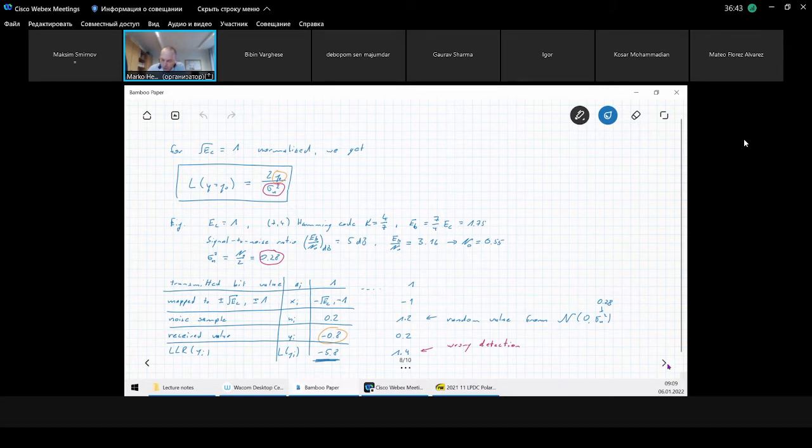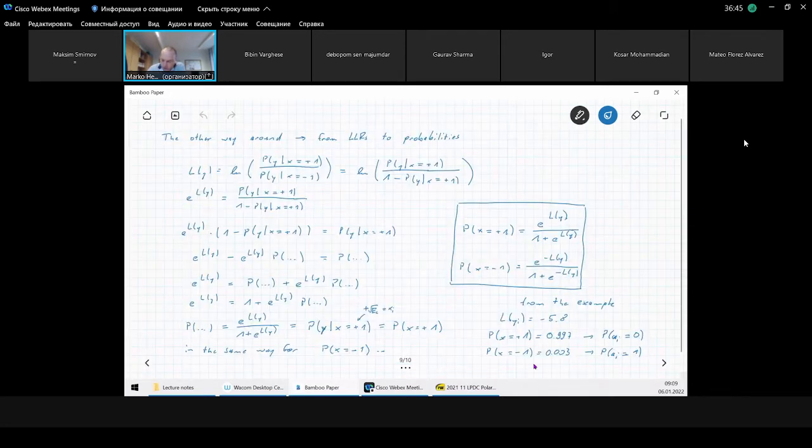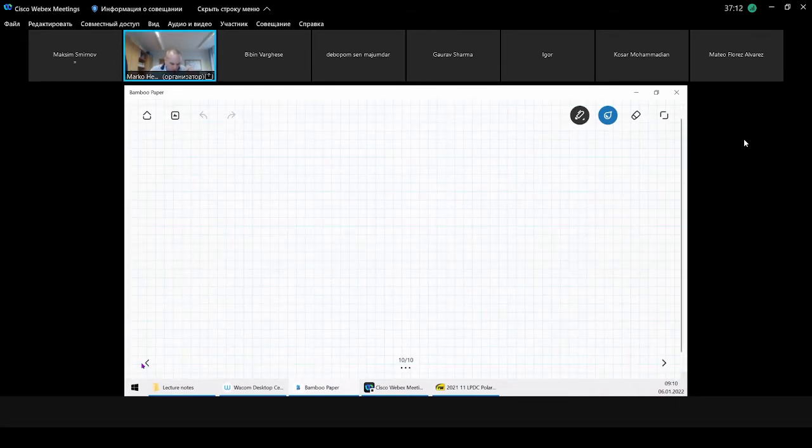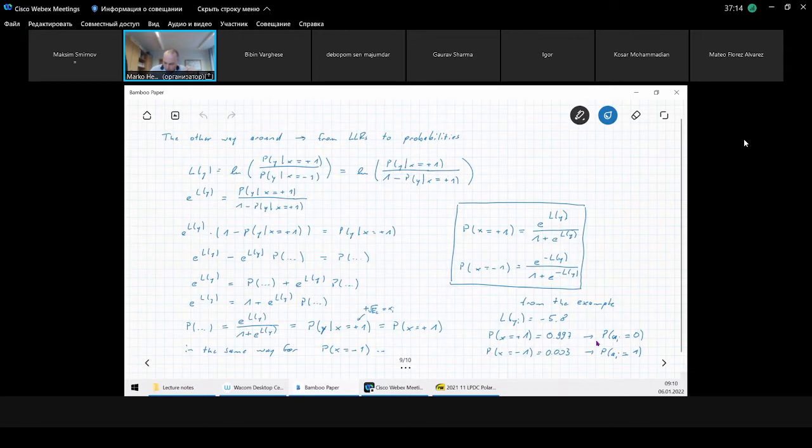Only 3 times we would have such a large noise amplitude that we end up with the same log likelihood ratio. So important here, the log likelihood ratio is a measure for the probability that our observation looks more like a +1 bit or like a -1 or 0. Okay, so are there questions so far regarding the log likelihood ratio?